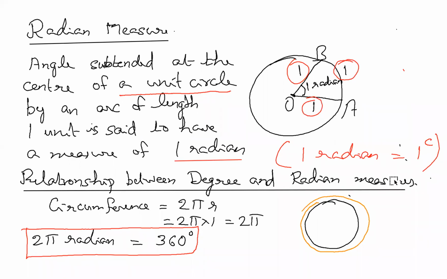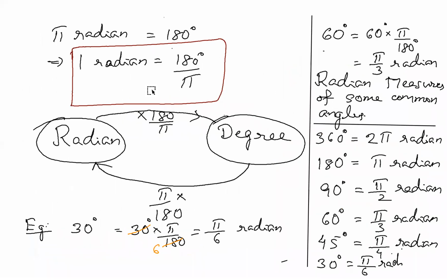Now, the relationship between degree and radian: one full boundary means the circumference, 2 pi. So 2 pi radian is 360 degrees, and pi radian is 180 degrees. So 1 radian is 180 upon pi. To convert radian to degree, multiply by 180 upon pi. The other way around, multiply by pi by 180.